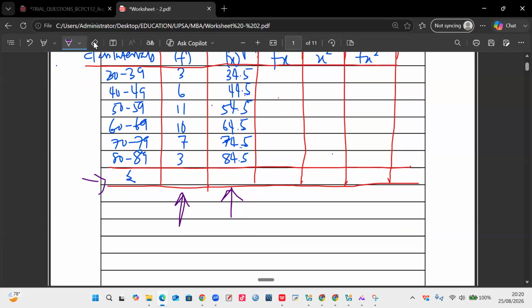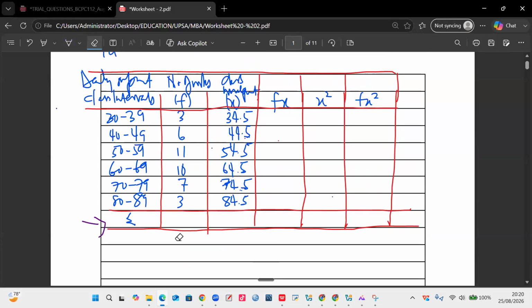Now, what is the first one? Number 1 is sigma X squared. Don't forget, here it is not sigma X squared. It is rather sigma Fx squared. The F is silent, it is not present, but it is sigma Fx squared, not sigma X squared. Although we are looking at sigma X squared, it is read as sigma Fx squared.